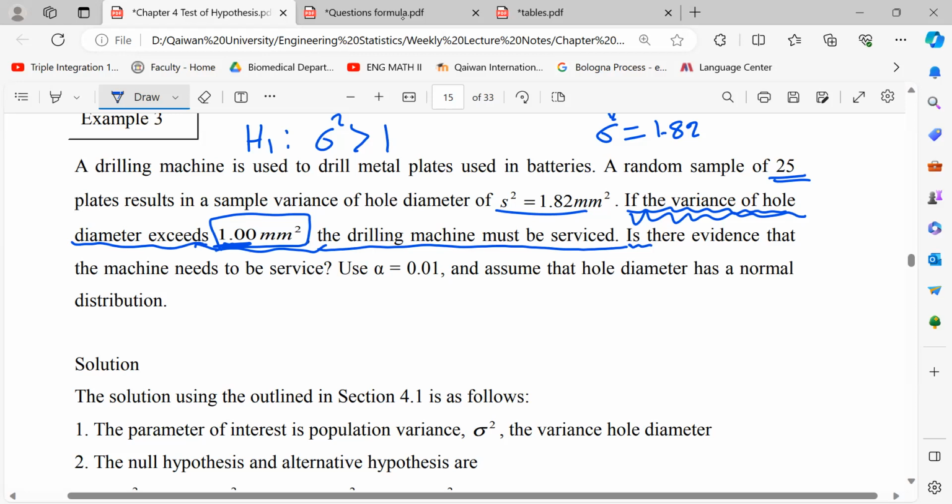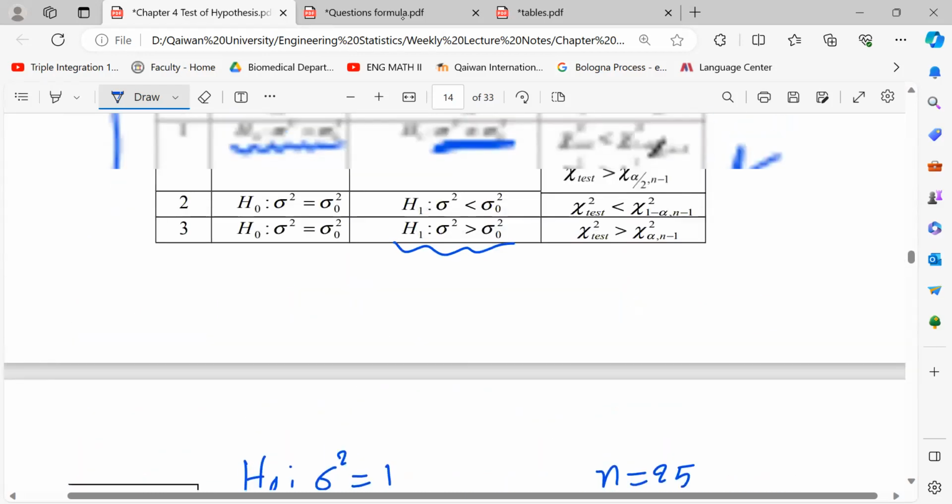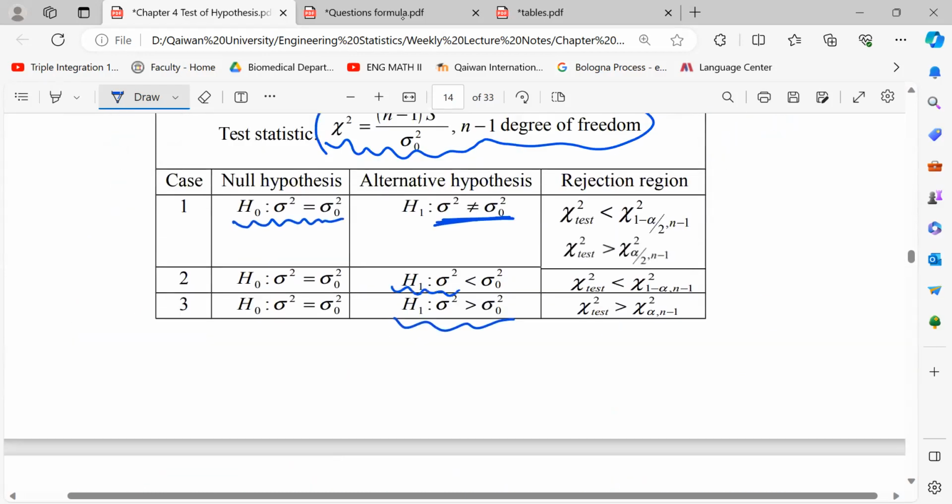But if it says the variance is less than 1, it needs to be serviced, we use the second one because it says less than.